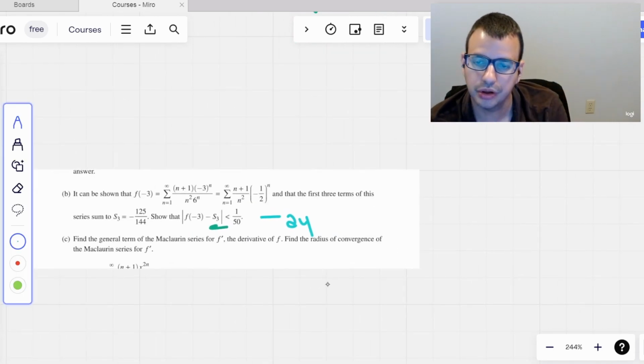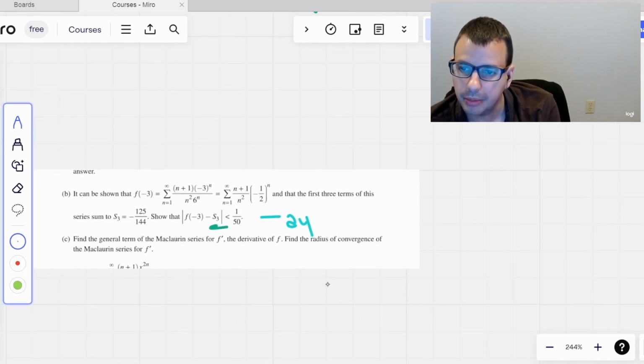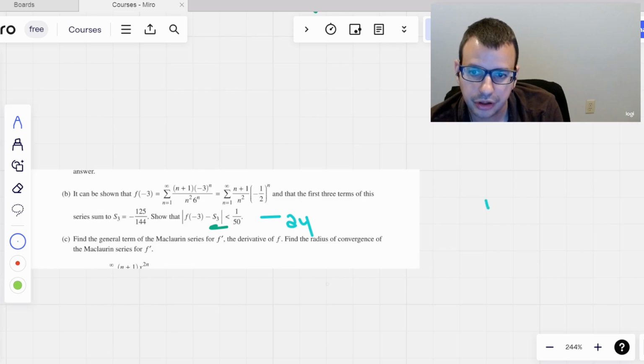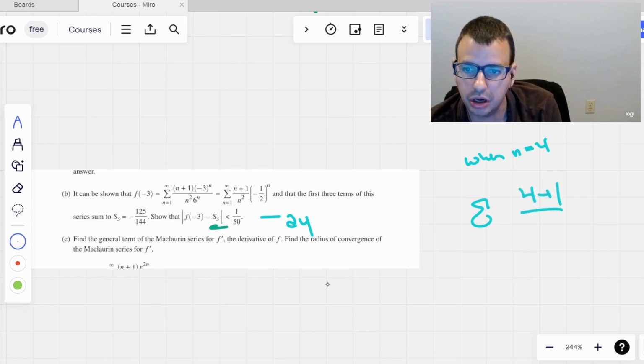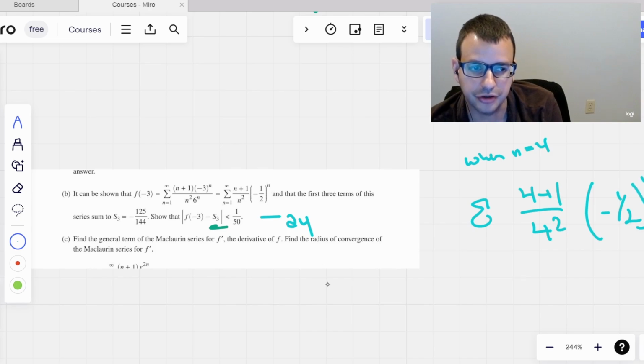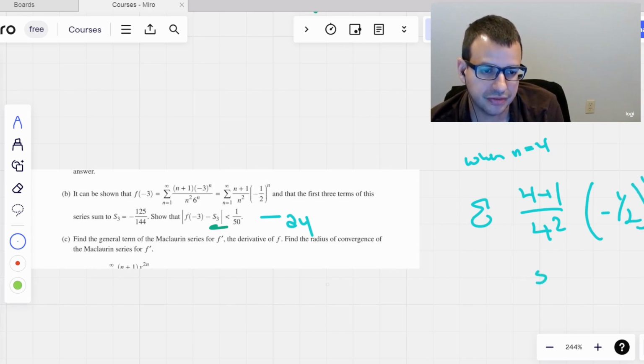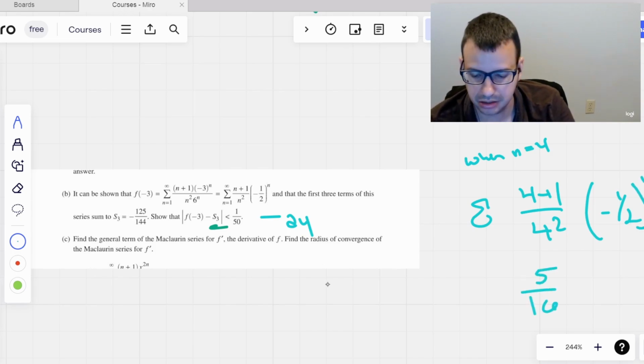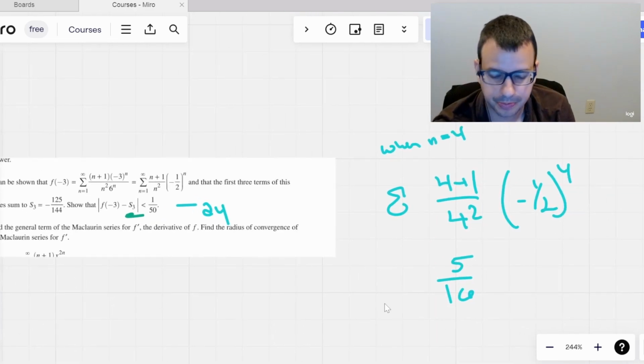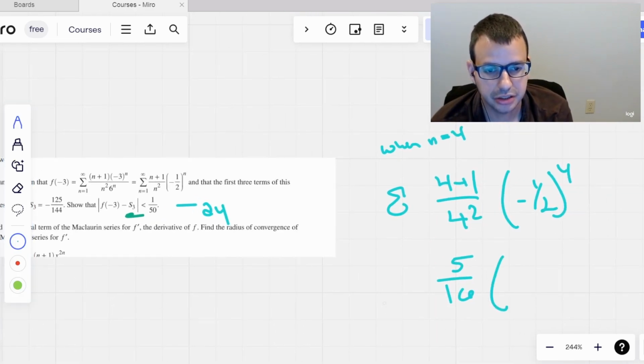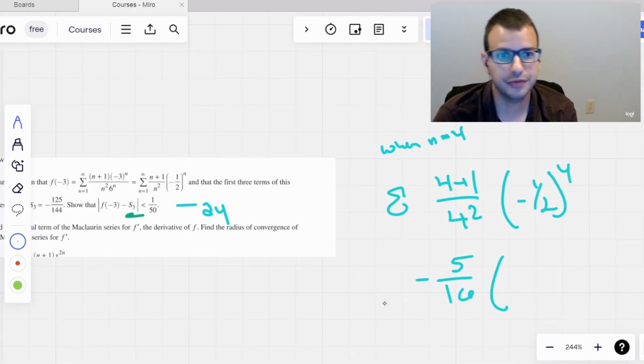So, summation. So when n equals 4, we have 4 plus 1 all over 4 squared minus 1/2 to the 4th. So this is going to be 5 over 16 minus 2 to the 4th. 2 to the 4th is 16.